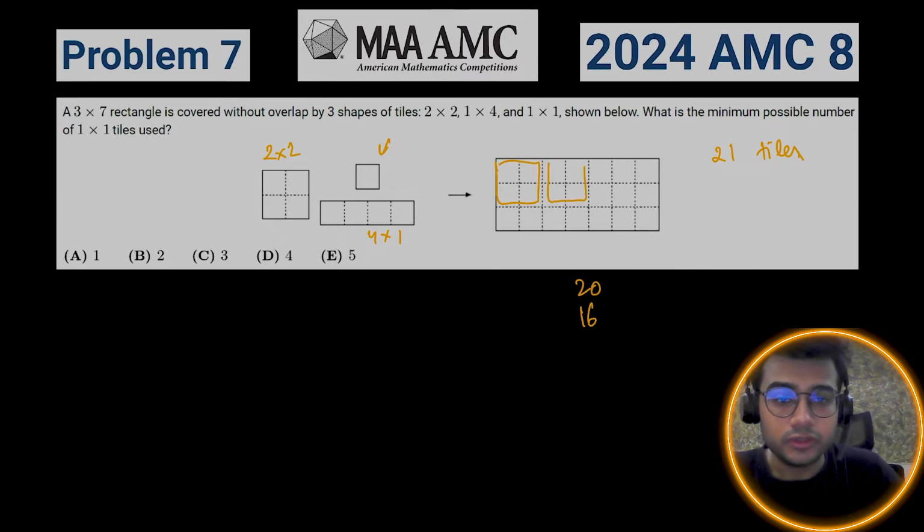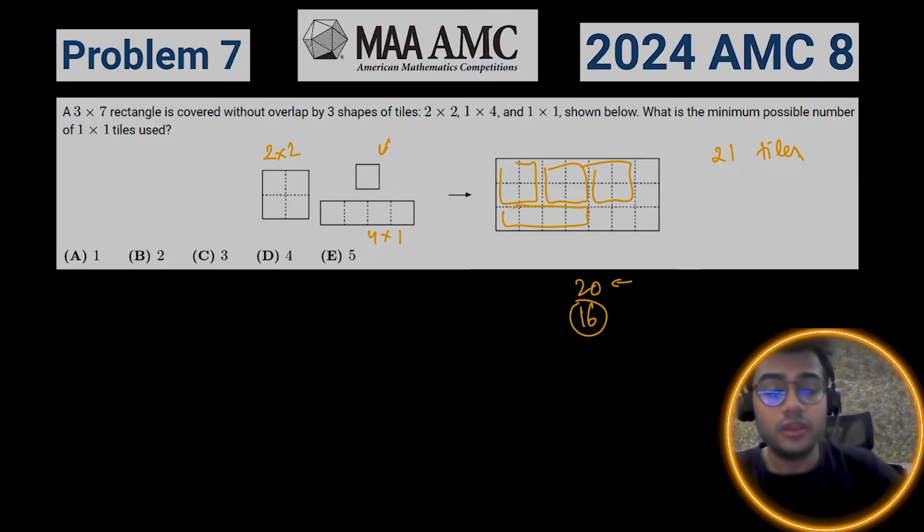Using these square tiles, the maximum you can have is 3, and then you can only have one of these longer ones. So by trying some scenarios, we can see that 20 doesn't seem possible, so that means they can cover 16, because we do have a possible configuration for that.